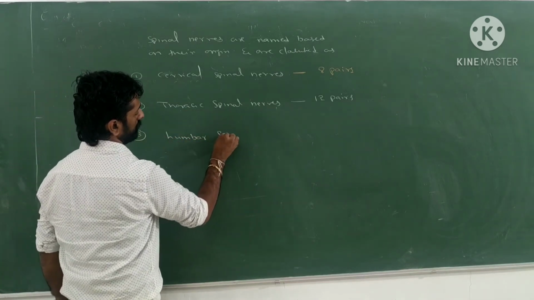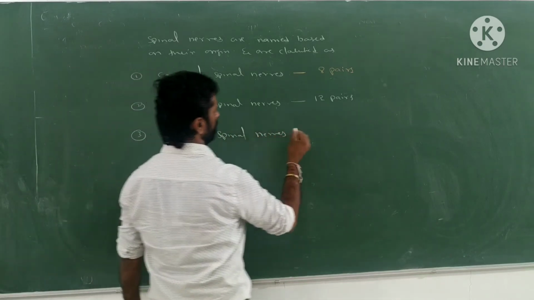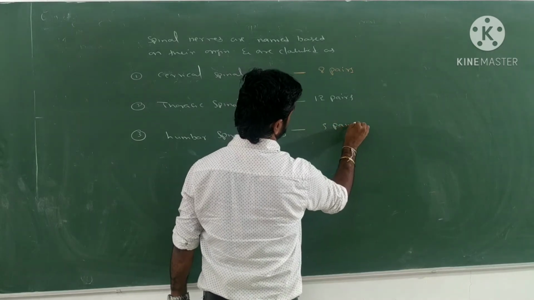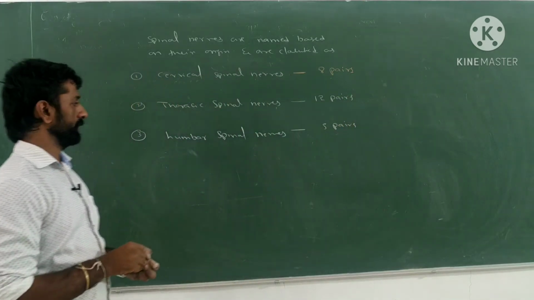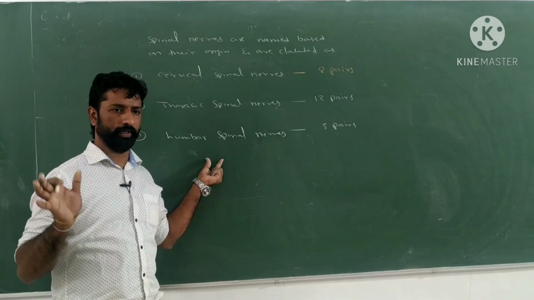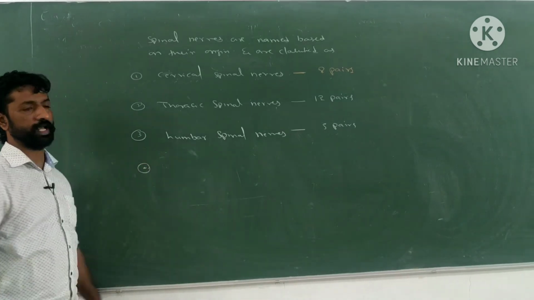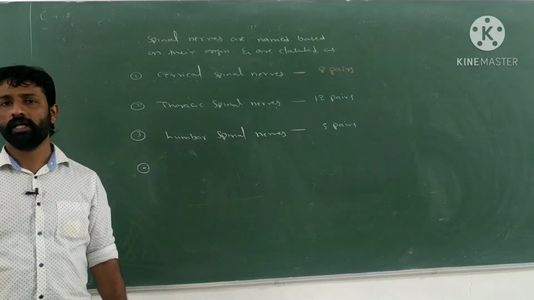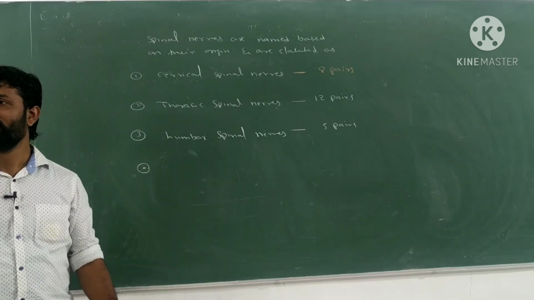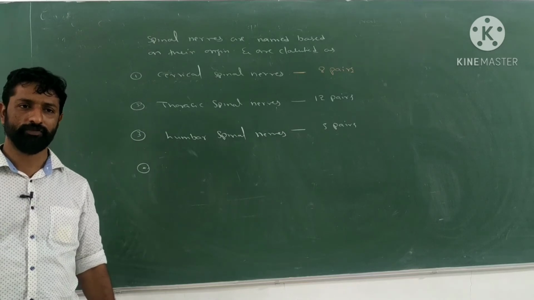So lumbar spinal nerves. How many pairs of lumbar spinal nerves arise here? The 5 pairs. And the number of lumbar vertebrae are 5 only in human beings. What about the next one, that is sacral? How many sacral bones are present in human beings? 1. But actually they are 5 in number, they fused to form 1, right?